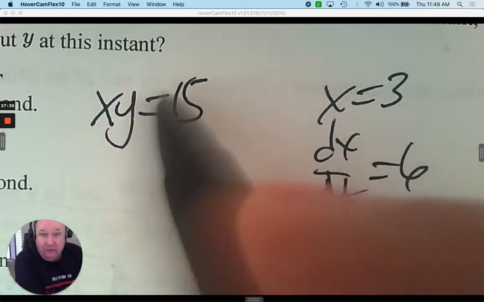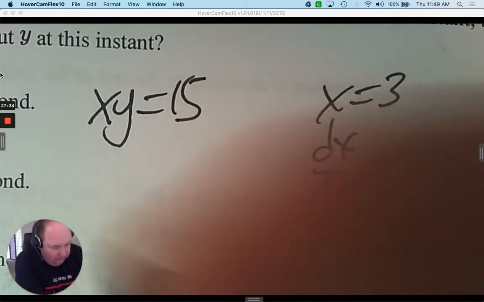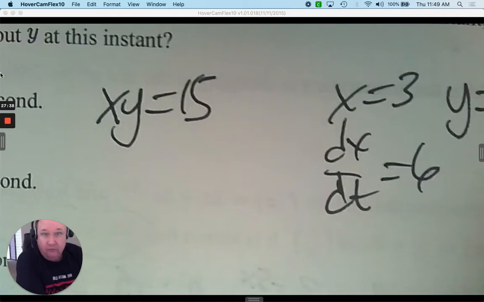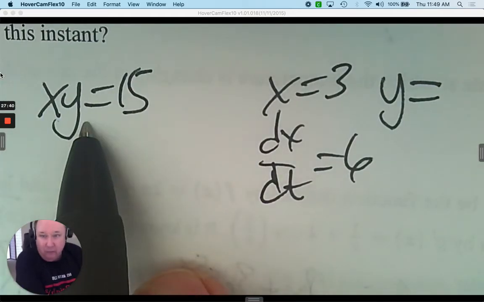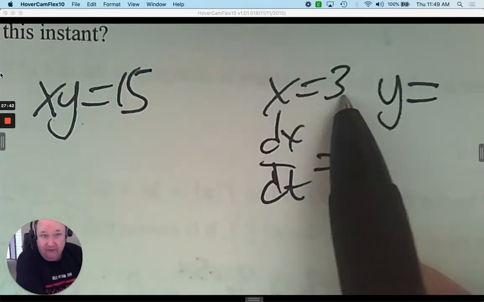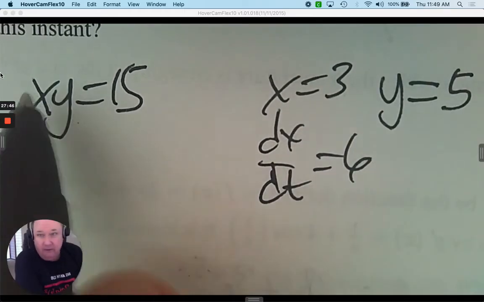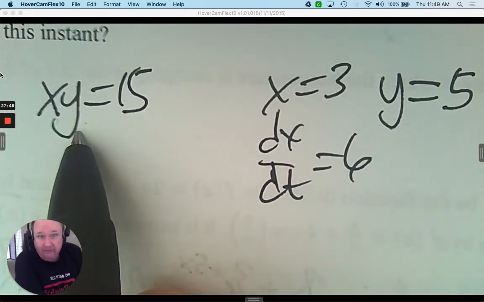I'm going to take the derivative using the product rule. And by the way, I also know what y equals, because x times y is 15. If x is 3, y must be 5, because 3 times 5 is 15.